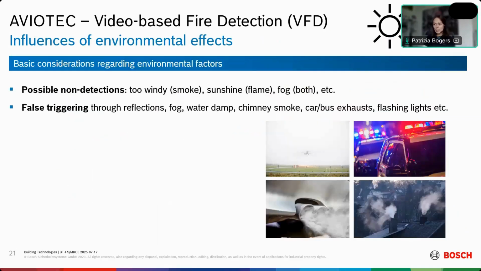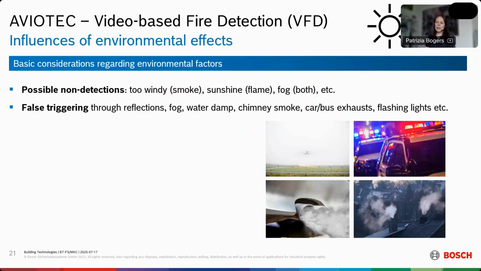When it comes to environmental factors, we need to deal with different factors that need to be considered when designing a proper AVIOTEC concept. When we deal with indoor and outdoor areas, the weather conditions need to be considered. Is it wind? Is it sunshine or fog? Fog can also come into premises and lead to the fact that no direct field of view to the fire event is given.